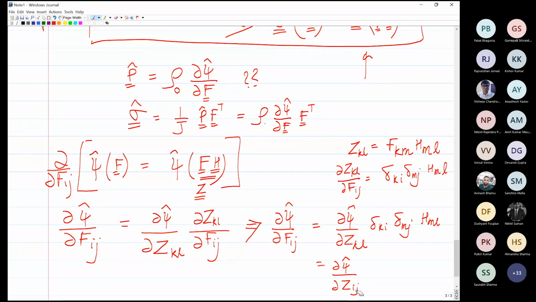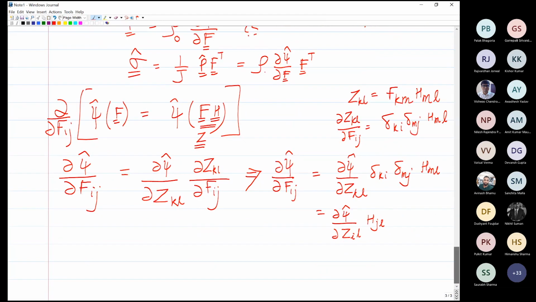So this then becomes del psi hat by del Zil into Hjl. Okay, so from here, what do we get?